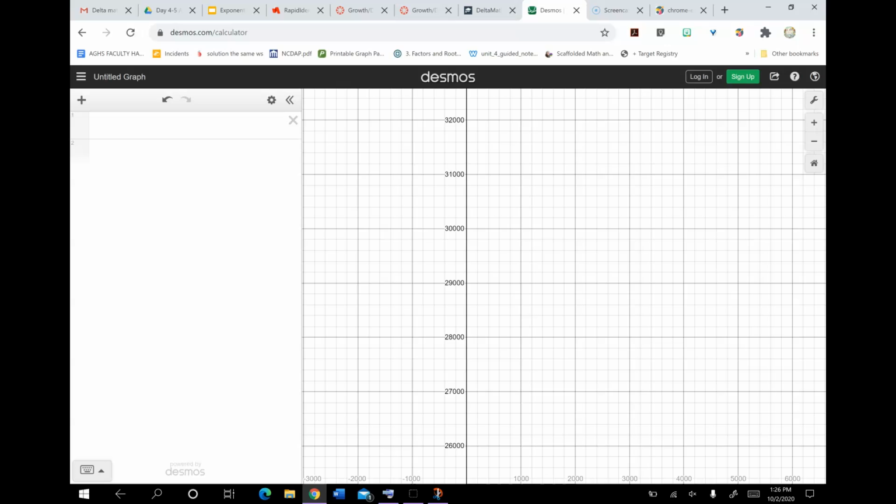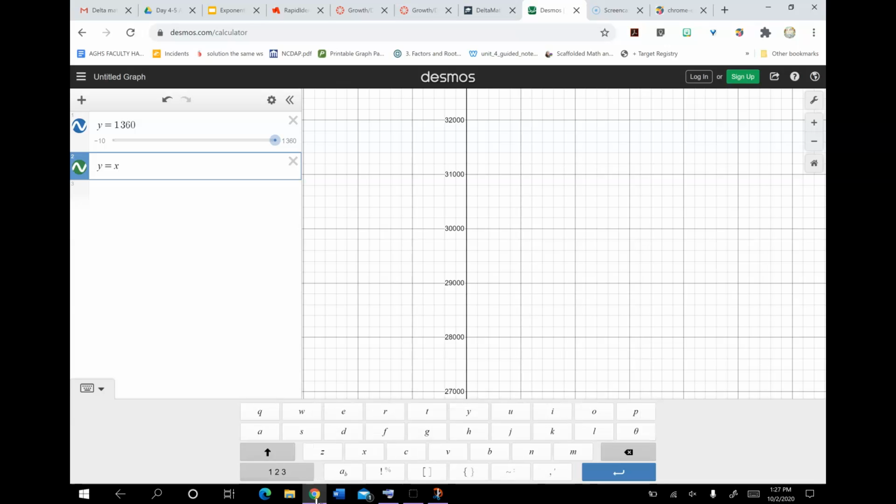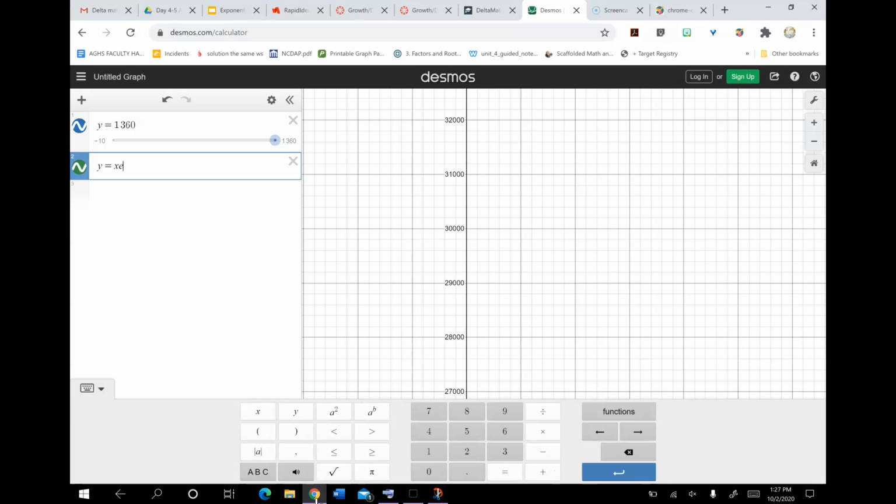Left-hand side line 1, so it's going to be Y equals 1360. Right-hand side line 2: we don't know what P is, so we're going to make it X. We do know what E is, it's a number, to the 0.054 times 12.